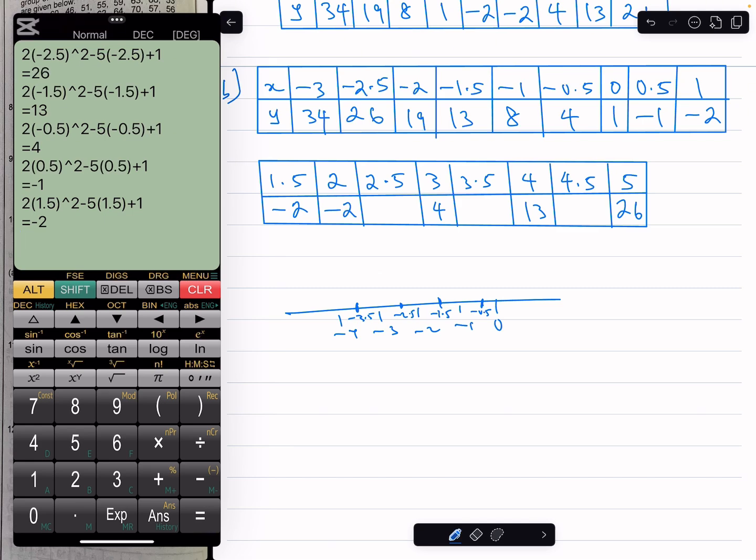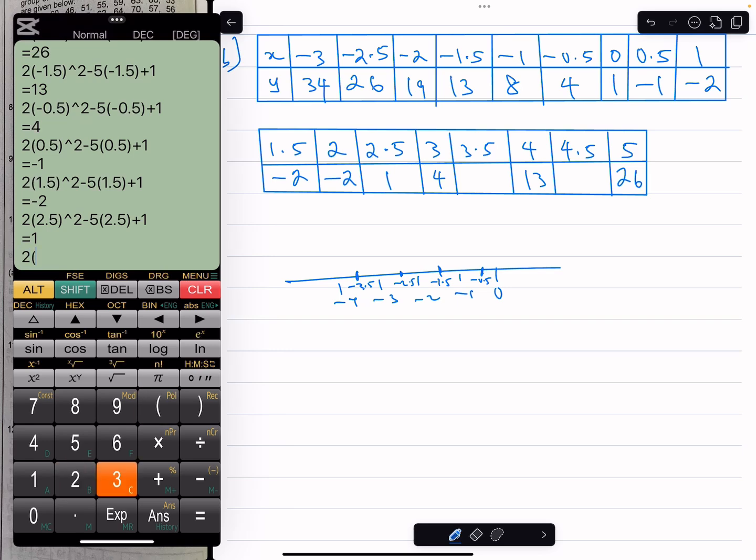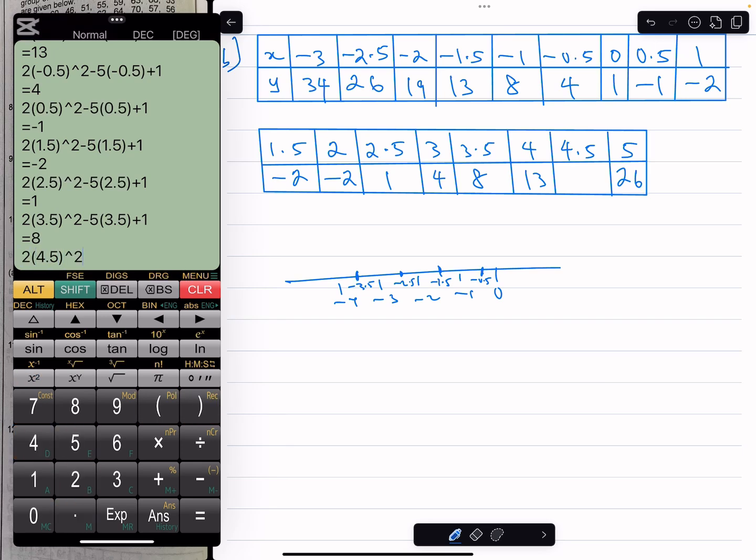When x is 2.5, y will be 2 times the square of 2.5 minus 5 times 2.5 plus 1, and that's 1. When x is 3.5, y will be 2 times the square of 3.5 minus 5 times 3.5 plus 1, which is 8. When x is 4.5, y will be 2 times the square of 4.5 minus 5 times 4.5 plus 1. That's 19.